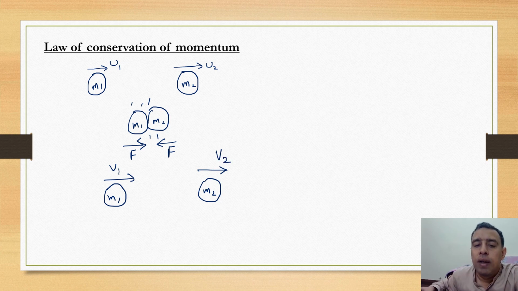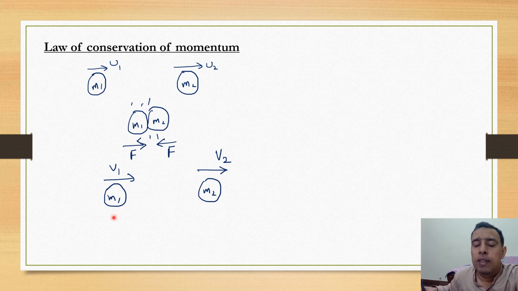Now, first of all, for this mass and velocity, the momentum is m1 u1. And for this, the momentum is m2 u2. For the time being, ignore this thing because we are just going to discuss the momentum before and after the collision.